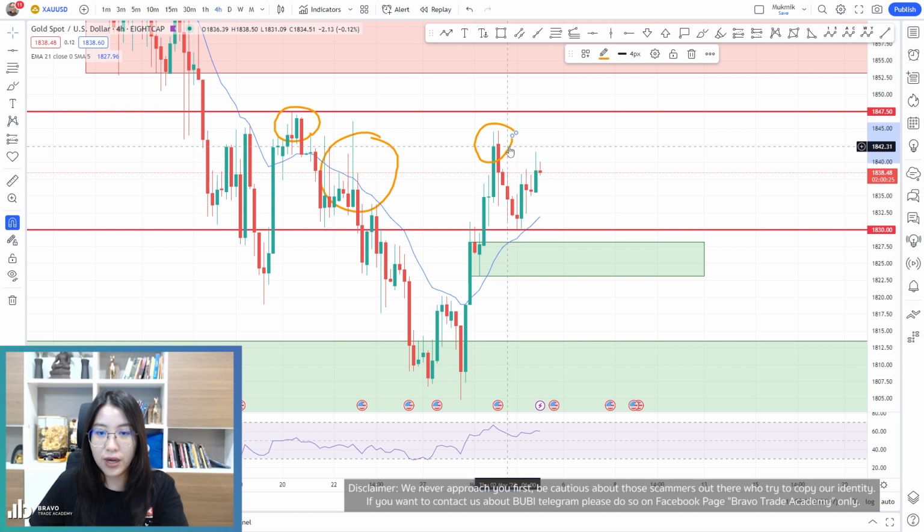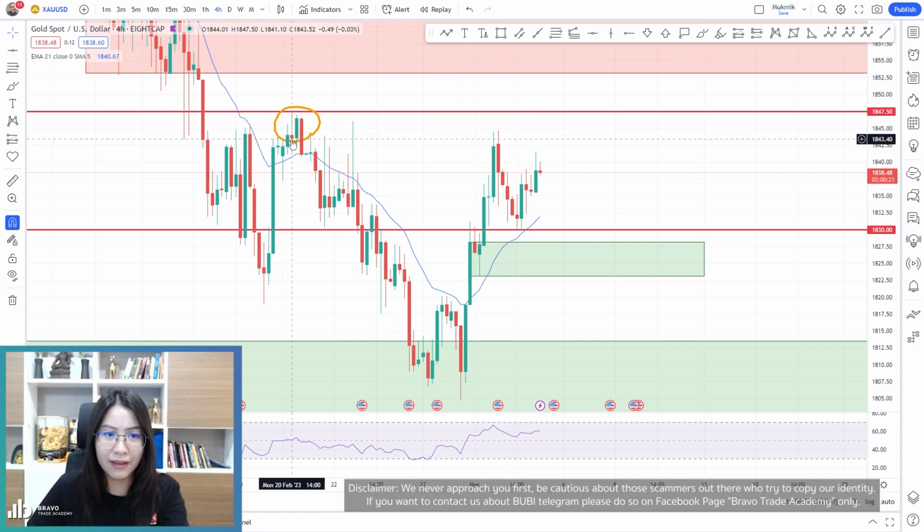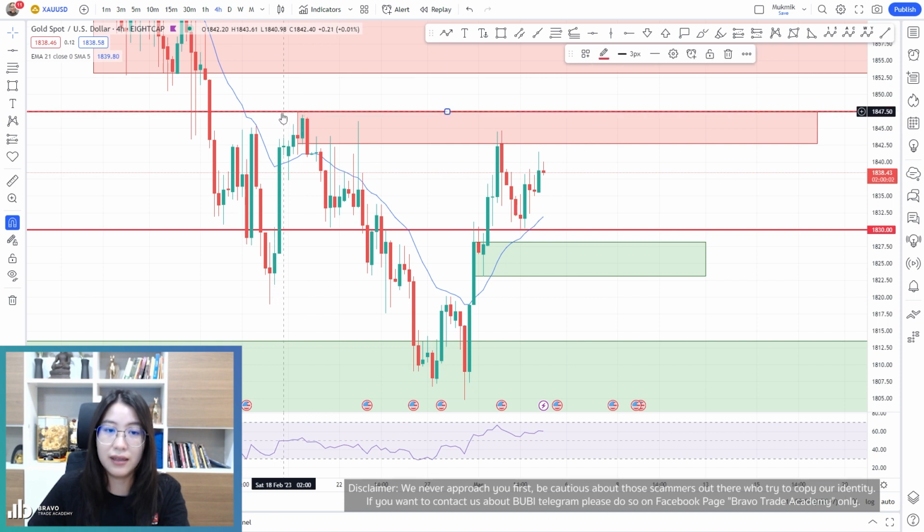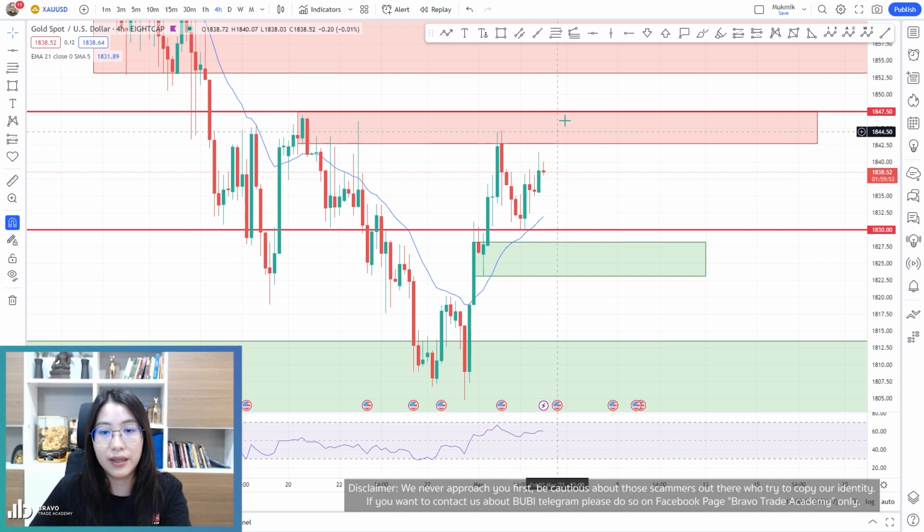So I would not give any weight to the supply zone, but I will be very careful on this resistance. If you want to draw it as a zone for resistance, I'll say it's around here. So this is the resistance zone. It is not a supply zone, but it could have some selling power around here. That's for the 4 hours time frame.